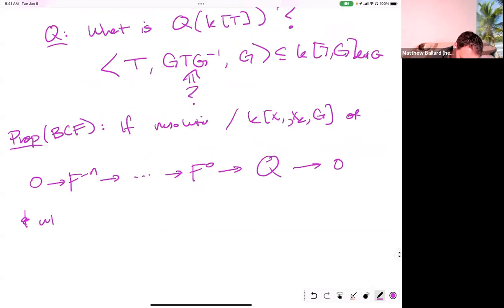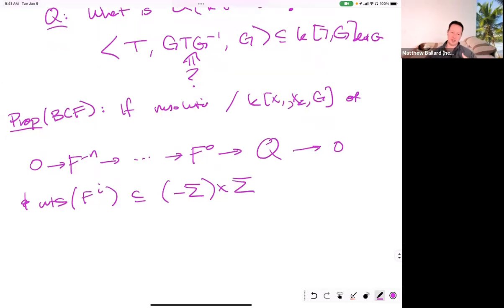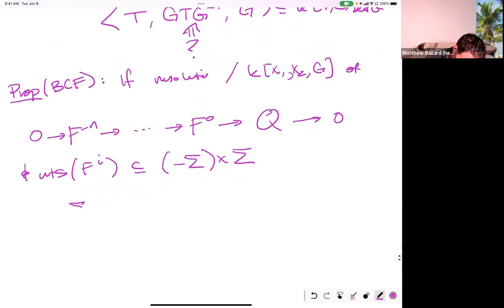And the weights of each of the pieces are contained in a product of cones, right? So this is a G by G action. So on one side, I have an action of G, on the other side, I have an action of G, and I can talk about their dominant weights or just their weights in general if I want to talk about a cone. So here, sigma is the cone of weights of Km.